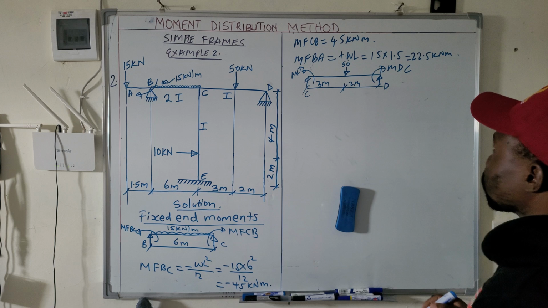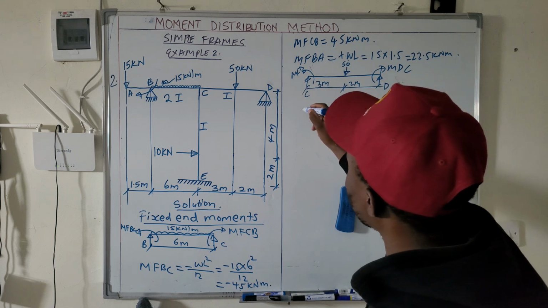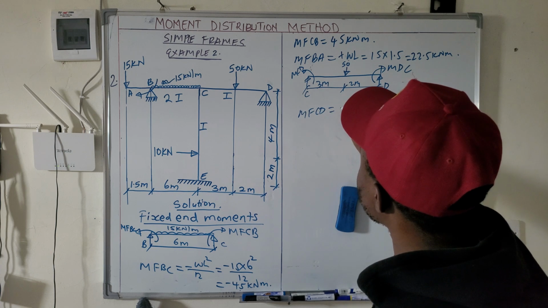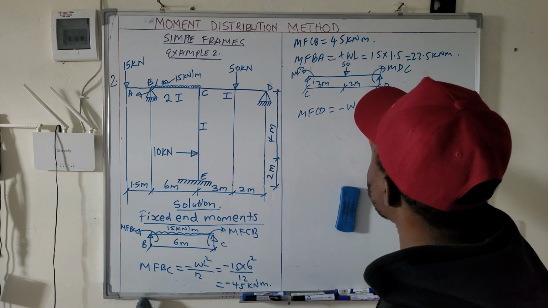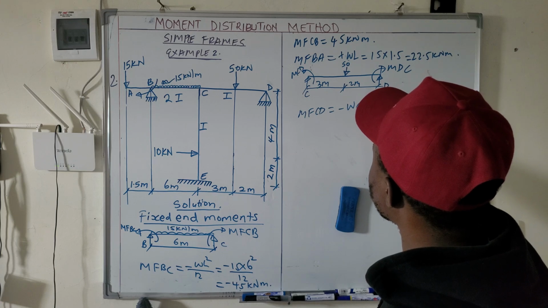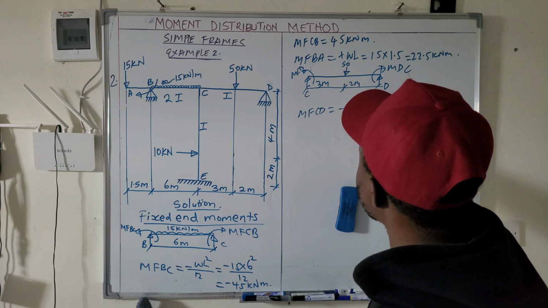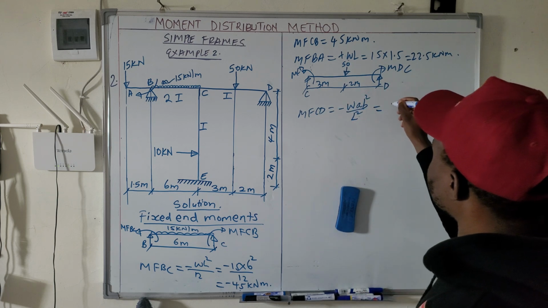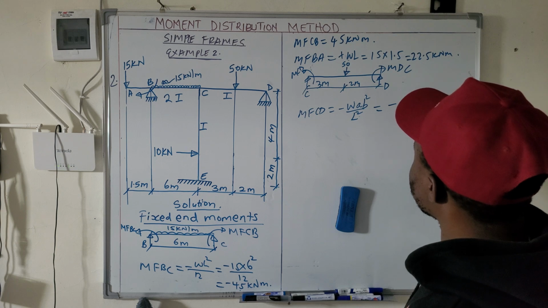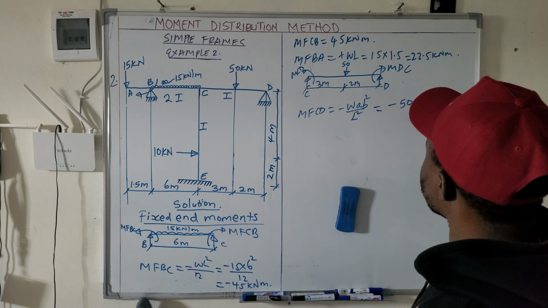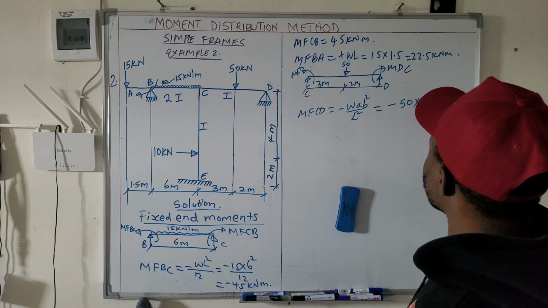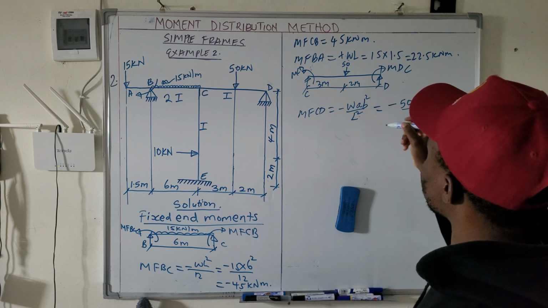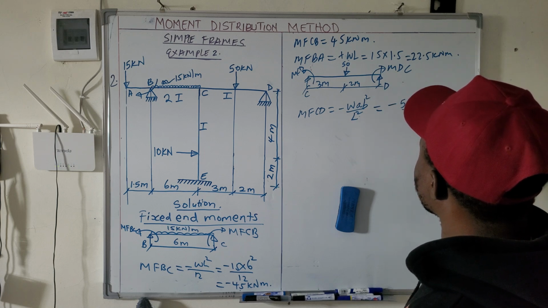So MFCD is equal to minus WAB square over L square. This one will be minus 50 times 3 times 2 square over L, which is this distance, 3 plus 2, 5 square.